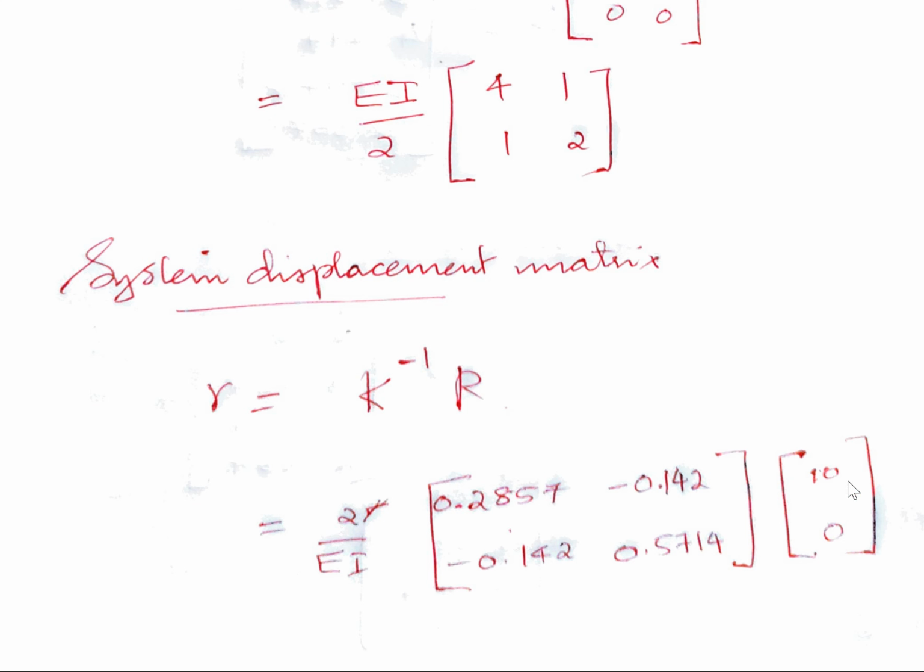We know that R1 is equal to 10, because that is in the clockwise direction, 10 kilonewton meter at joint B. R2 was the dummy force we applied at A, so it is 0. So substitute capital K inverse here and multiply with capital R. Then we get the system displacement matrix small r, small r1 and small r2, the rotation at B and the rotation at A.